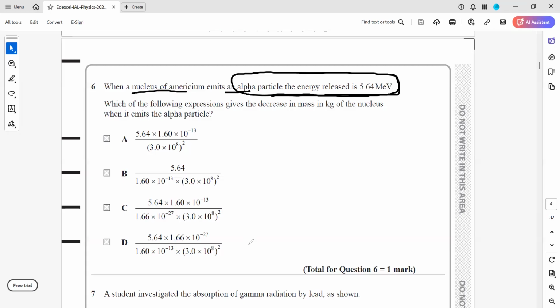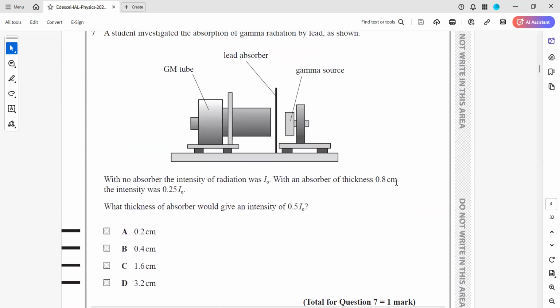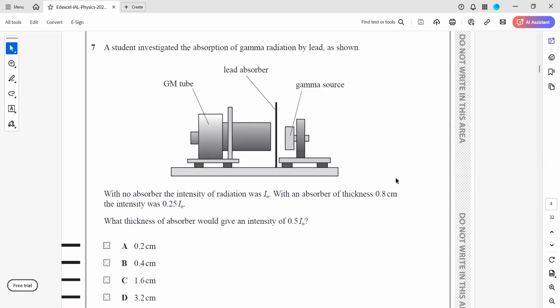The question is, which expression gives the decrease in mass for a nucleus when it emits an alpha particle? The nucleus releases this much energy, which includes the mass of the alpha particle. That's how we worked it out, and in none of the expressions was the mass of the alpha particle subtracted.